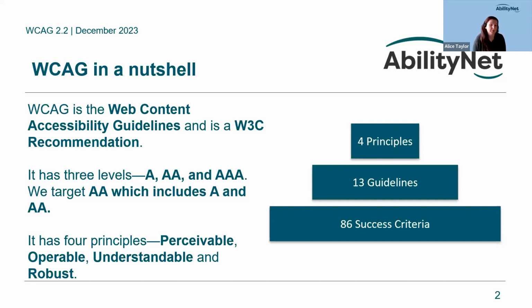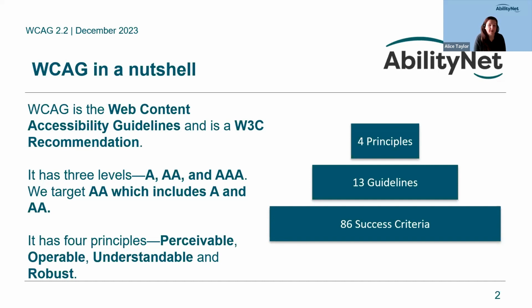So your users may be using a mouse, or they may be using a keyboard or a switch device. However a user is choosing to access your content, they should be able to operate it. And it also looks at things like, do users have enough time to complete tasks, for example? And understandable looks at, can the content be understood? So are things like errors and instructions clear? Does it work predictably? And is the language of the page set?